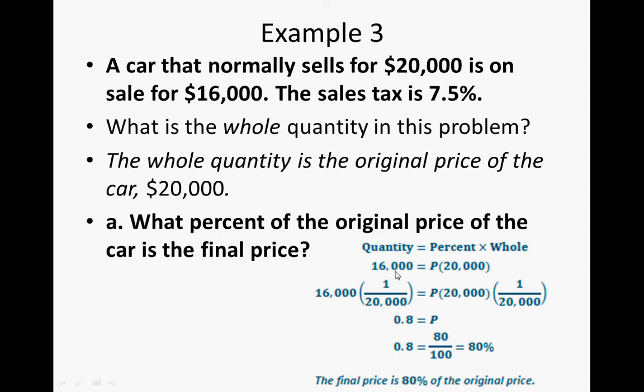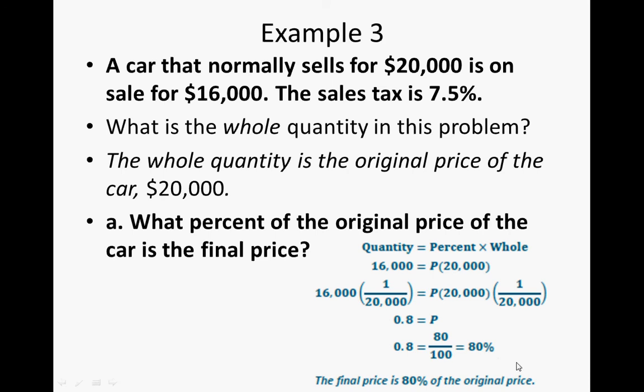Well, if the quantity is 16, because that's our part, and the percent is something we're looking for, and 20 is the whole, then multiplying both sides by 1 over 20,000 to isolate P gives us 8/10. Well, 8/10 is the same as 8 over 10, but we need to make it into 100 so that we can get the percent, so it'd be 80 over 100 or 80%.